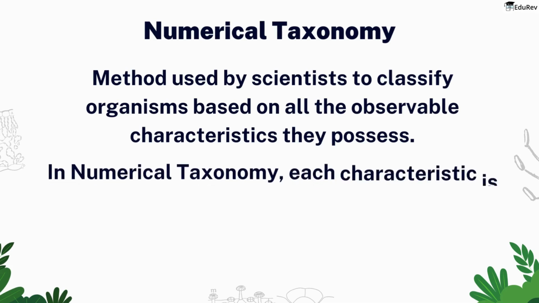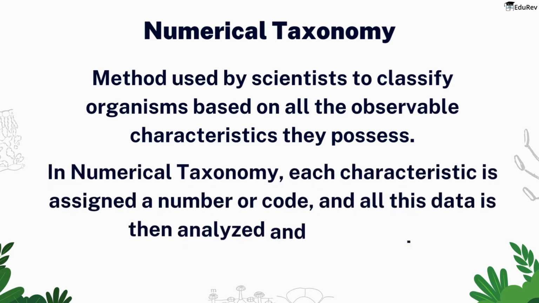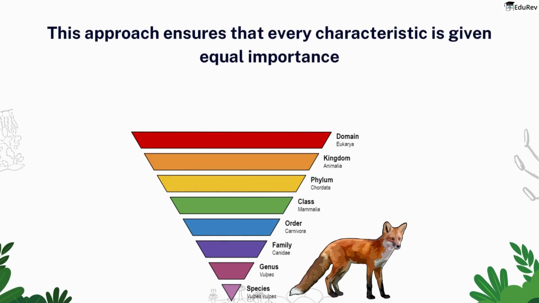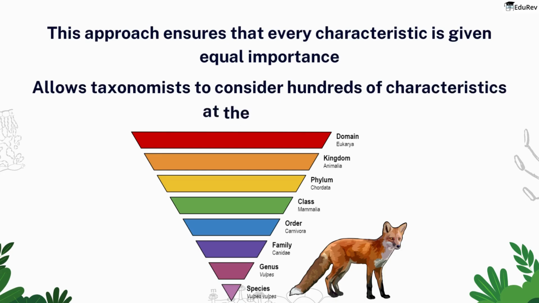In numerical taxonomy, each characteristic is assigned a number or code, and all this data is then analyzed and processed. This approach ensures that every characteristic is given equal importance, and it allows taxonomists to consider hundreds of characteristics at the same time. Now, apart from numerical taxonomy, there are two other methods commonly used by taxonomists.